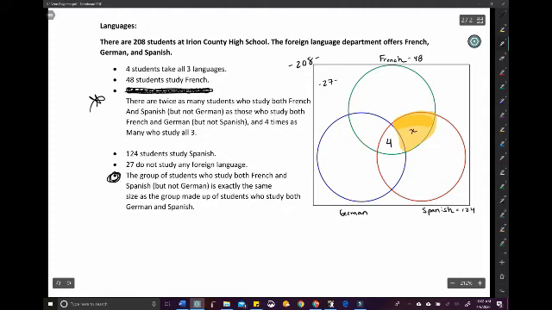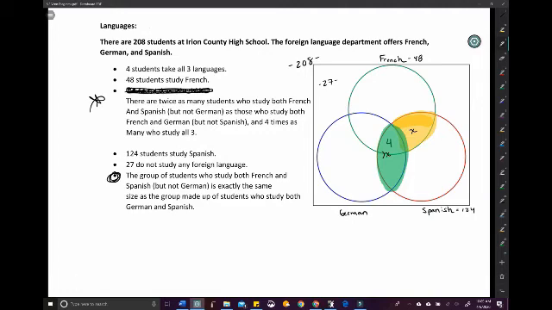That number is exactly the same as the group made up of students who study both German and Spanish. Okay, so that is right here. So this group must be equal to x as well, so together that's also x.